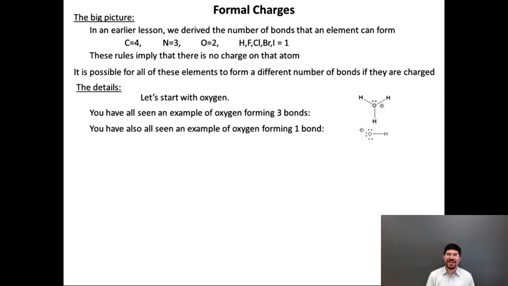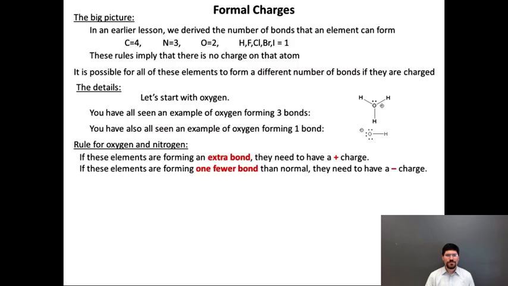This is what happens if you take a strong base and put it into water. This oxygen has 3 lone pairs around it, is forming 1 bond, and has a negative charge. It's what you get if you take water and remove a proton from it. Okay, so we can get some rules that work for oxygen, and as it turns out, they also work for nitrogen.